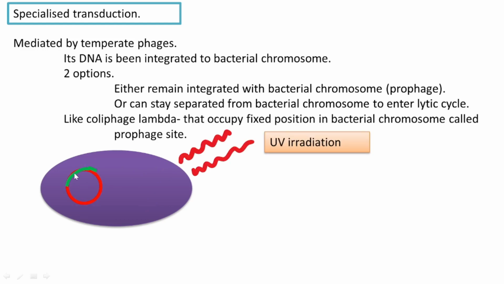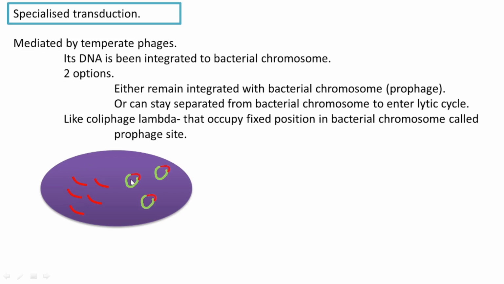Then this fragment exits from the bacterial chromosome, and that exit occurs with some error. Error means as it exits from the bacterial chromosome, it takes some portions of the bacterial chromosome along with it. We can see that, and along with that the bacterial chromosome also fragmented.